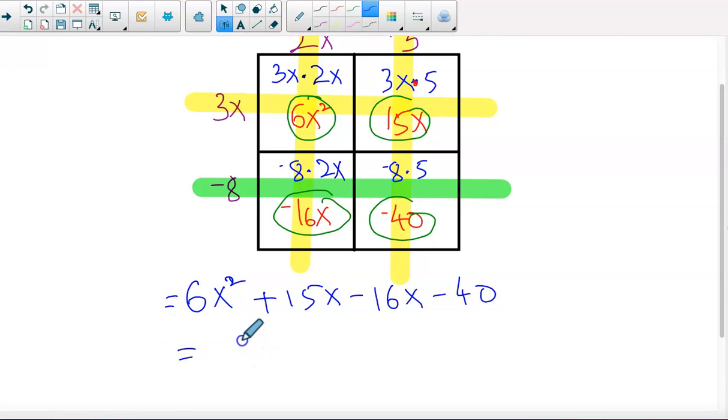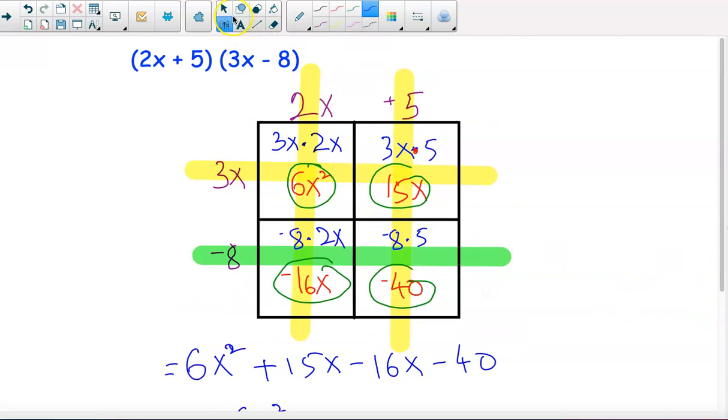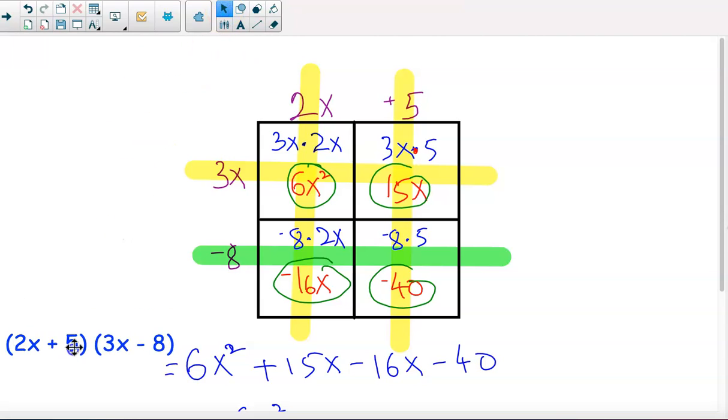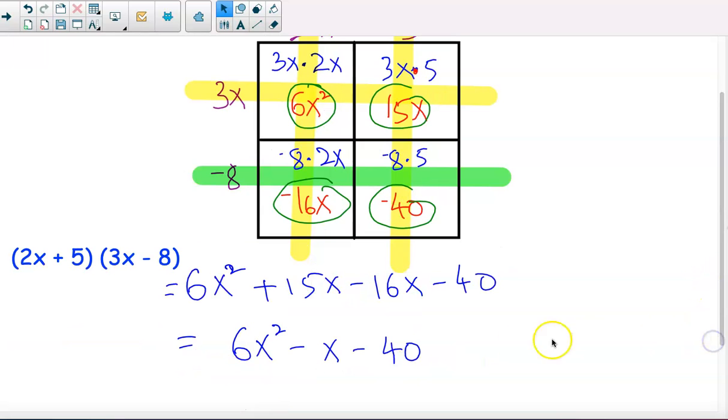This is 6x square, plus 15x minus 16x will give us a negative x, minus 40. That is the product of these two. 2x plus 5 times 3x minus 8 gives us this answer, right?